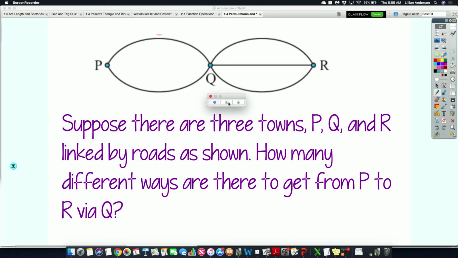So, volunteer. Muhammad, how many? It is 6. It is 6, okay? Very good. Now, how'd you get 6? From P, I just started downward. You went down, okay? So then when I was on Q, I could take a path up or down to the center.